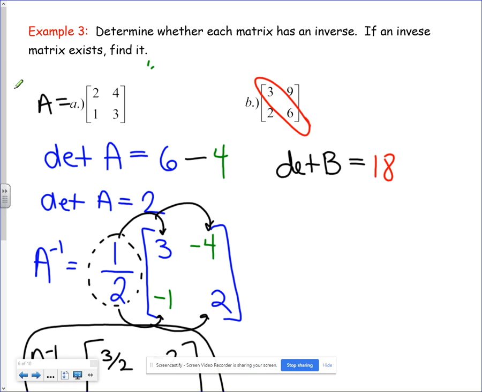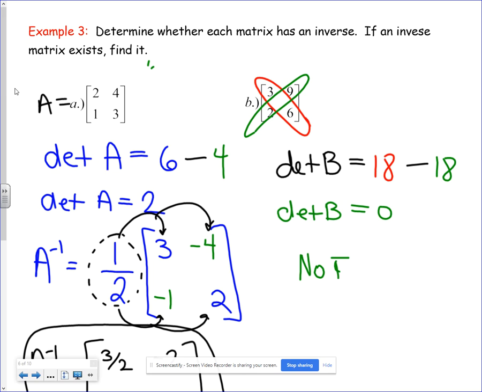And then it's always minus 2 times 9, 18. 18 minus 18 is 0. The determinant of B is 0. Since it's 0, it doesn't have an inverse. You can't find an inverse. There isn't one. So no inverse exists.